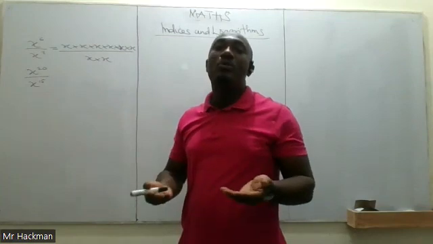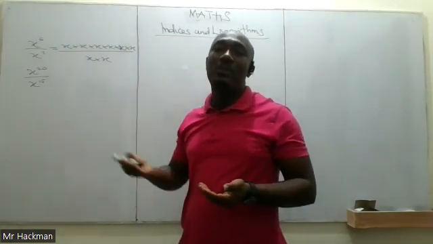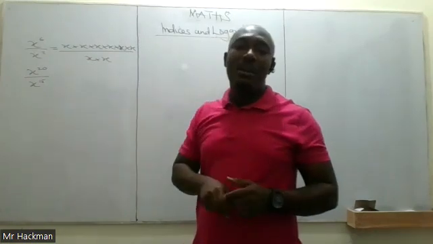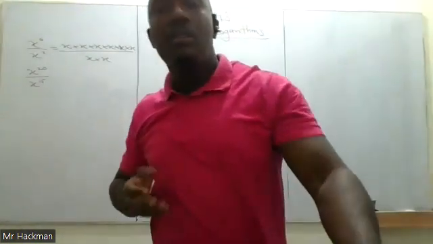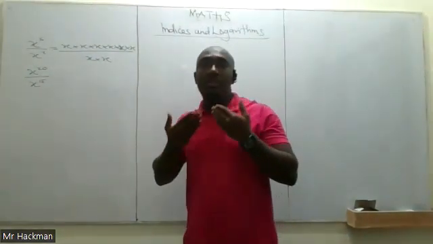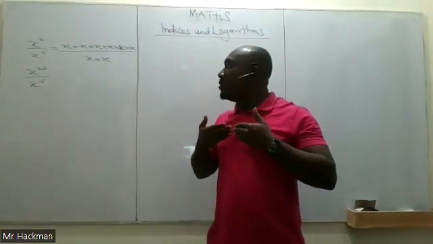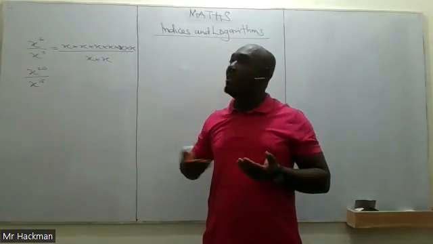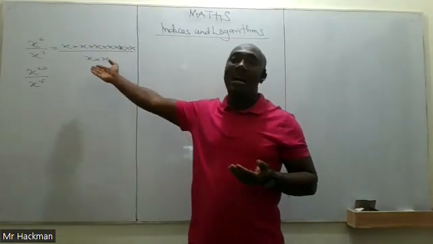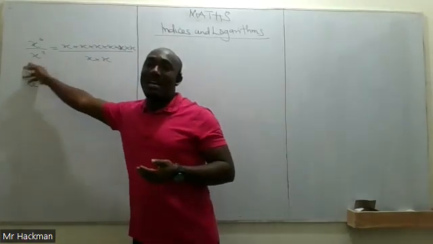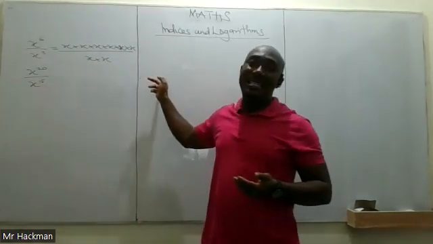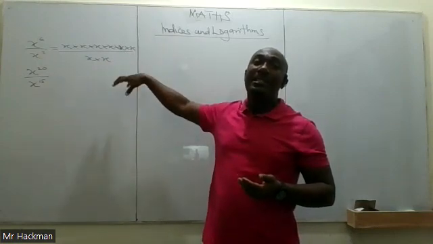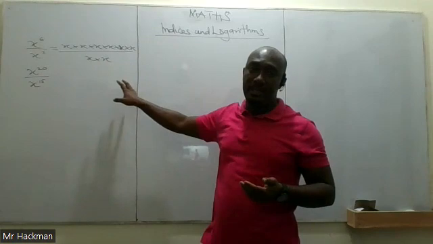Okay, this is the crude way, the traditional way of dealing with the simplification of the situation that we have there. However, if you are introduced to or you know the rules of indices, you don't necessarily have to write whatever you have here in the form that I just said. You can just use the rule to get your simplified version.